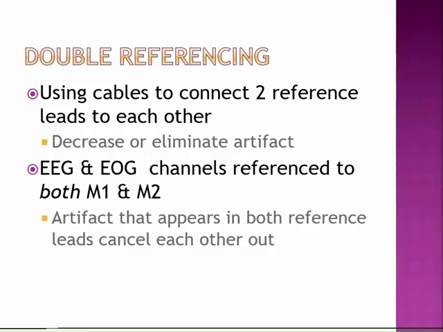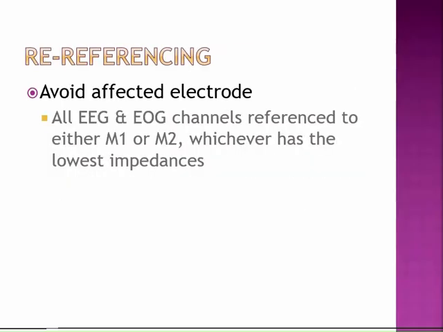Re-referencing will come up again, the thought behind when we would re-reference. You can re-reference for other types of issues as well, such as, say, one of your leg electrodes popped off, like left leg 2.